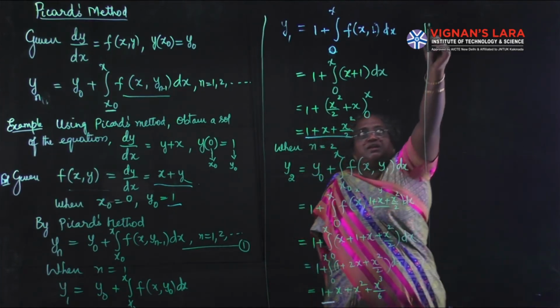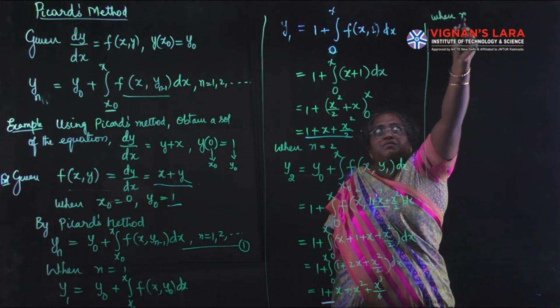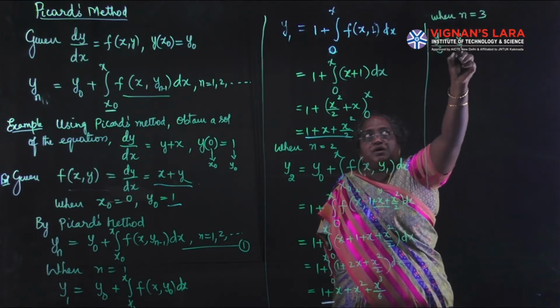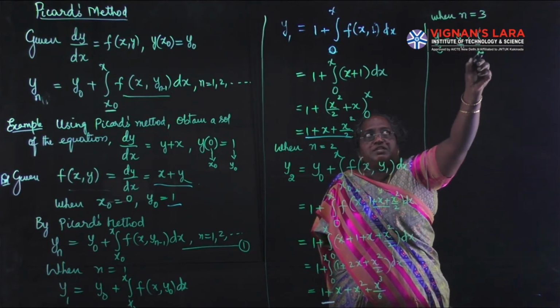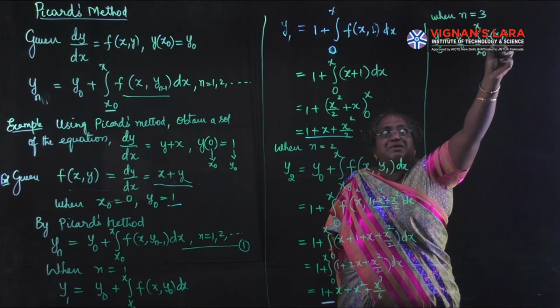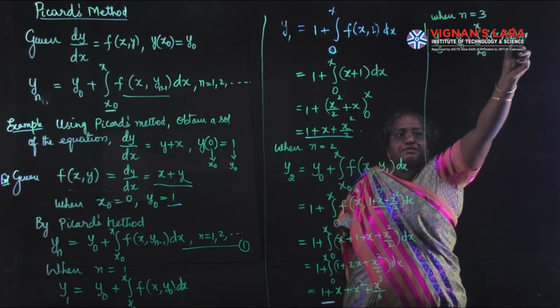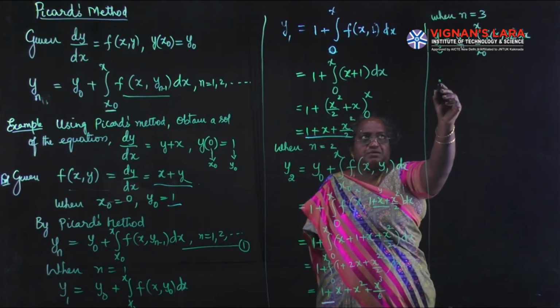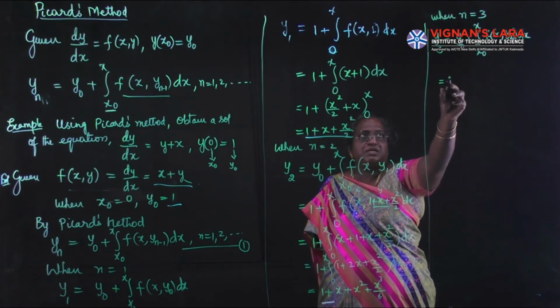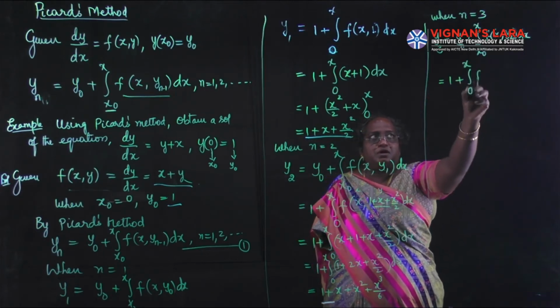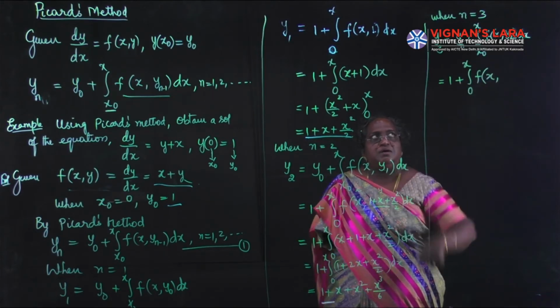Now when n is equal to 3, y3 is equal to y0 plus, no change in this, integral x0 to x, f of x comma this time y2 dx. So this is equal to, what is our y0? y0 is 1, x0 is 0, f of x comma, what is y2?